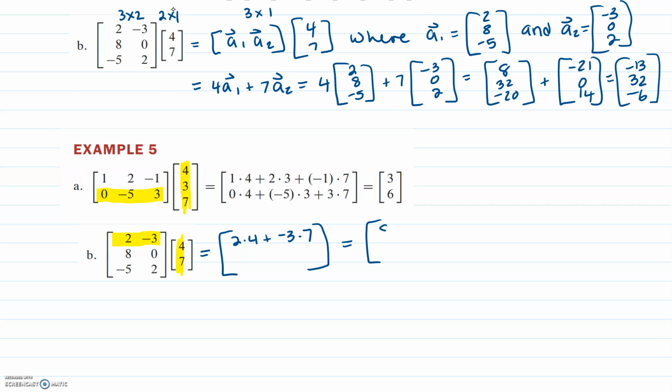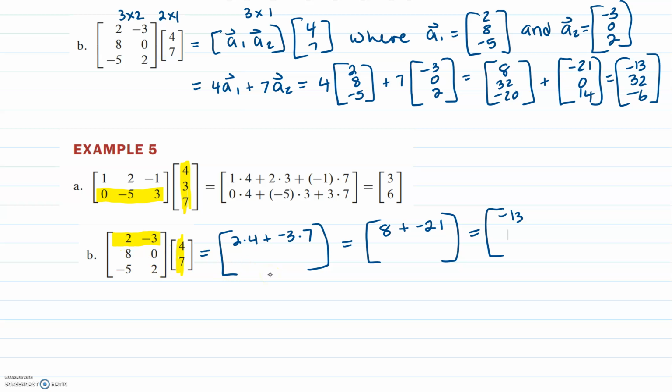And that's going to be 8 plus -21, which is our -13 that we got here. And you can see it's really the same thing. Here's my 4 times 2 is 8. 7 times -3 is -21, and just do it all in one matrix.